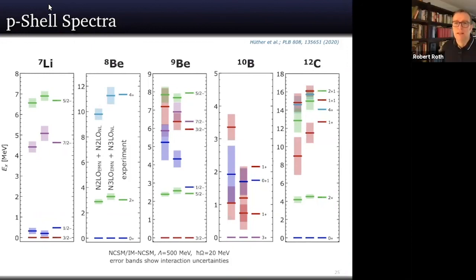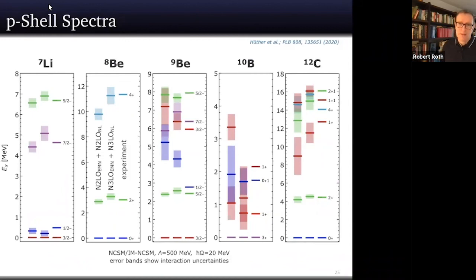Some states are super stable. They have very small uncertainty bands, like this low-lying 2+ state here. Some states have huge uncertainties, like these guys here. And so now you see it's not just a very gross statement, where you assign 2% error to your states or your excitation energies.